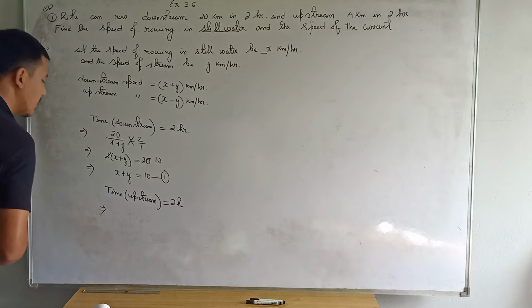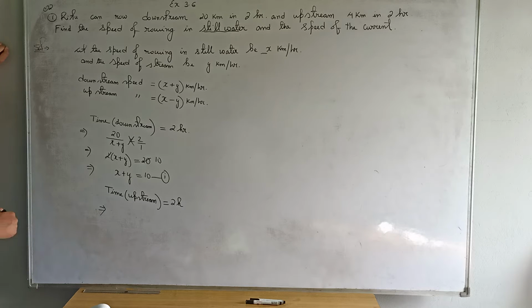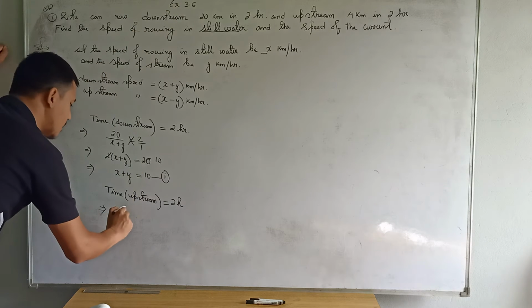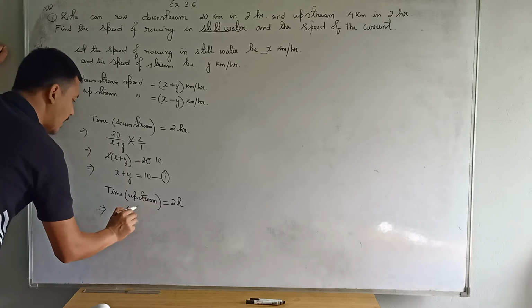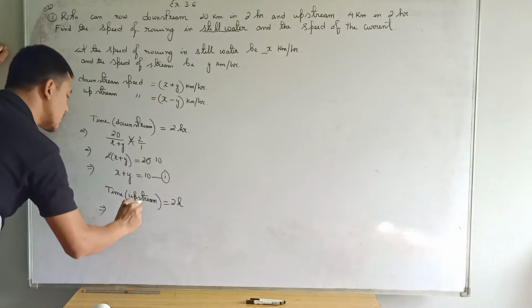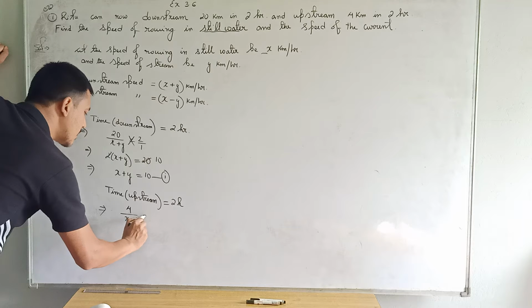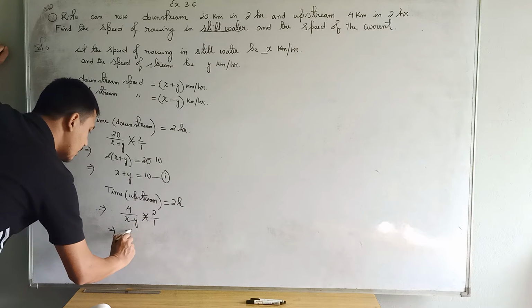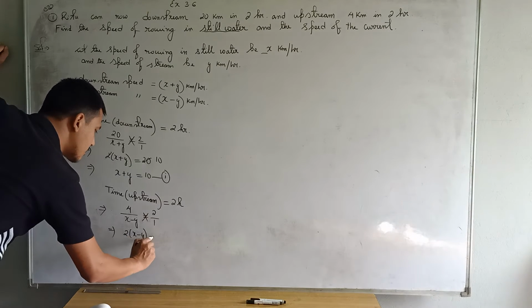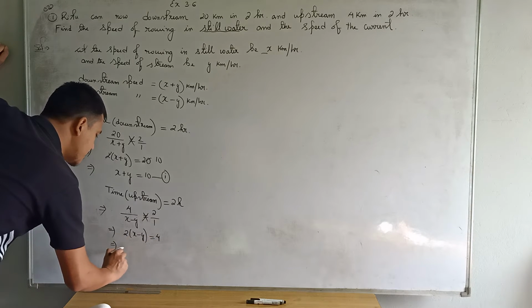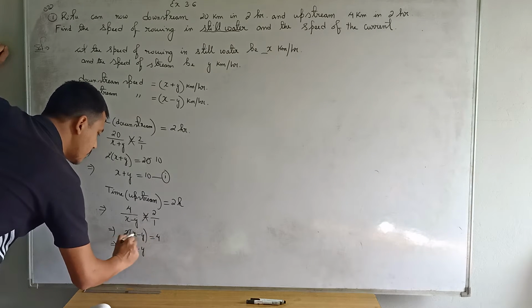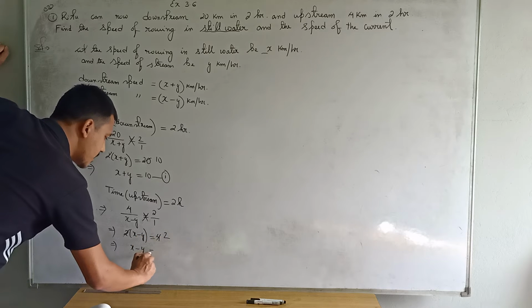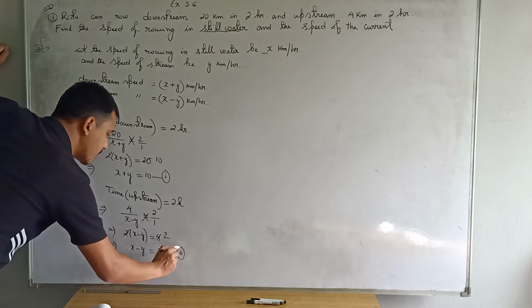Time is distance upon speed. The distance going up the stream is only 4 kilometers, upon the upstream speed x minus y, is equal to 2. Cross multiplying, twice of (x minus y) is 4. That gives you x minus y equals 2. This is equation 2.